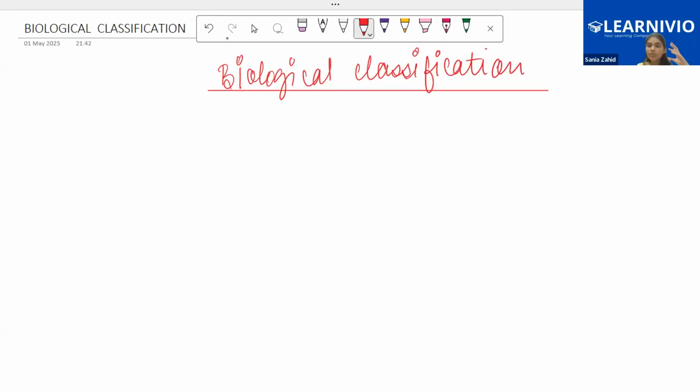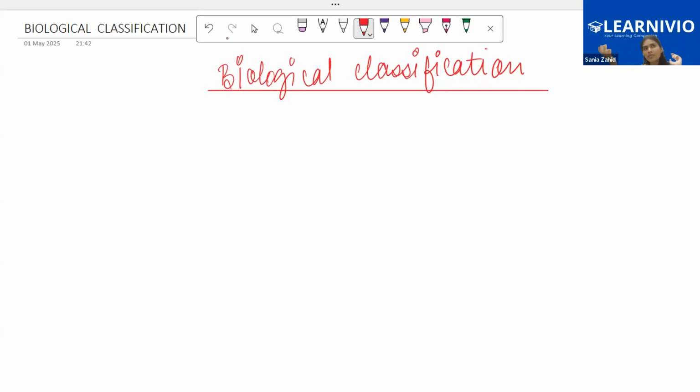Okay, so there were various methods of classification that were proposed earlier. For example, I can classify all the animals and all the plants into two categories, right? I have all the animals in one category, all the plants in another category.